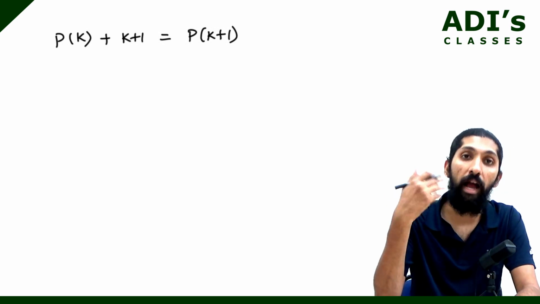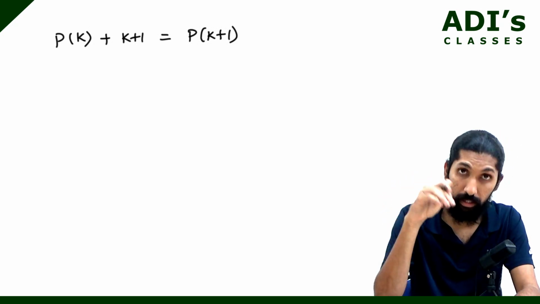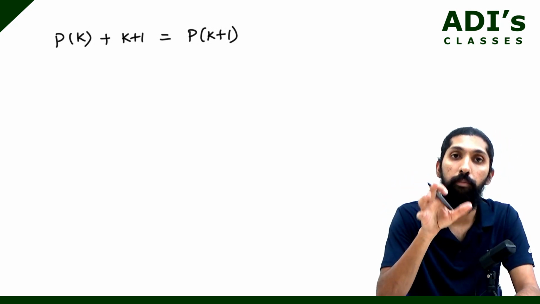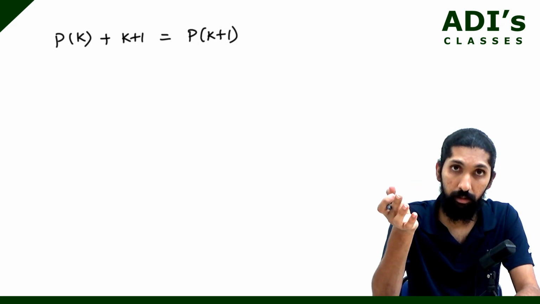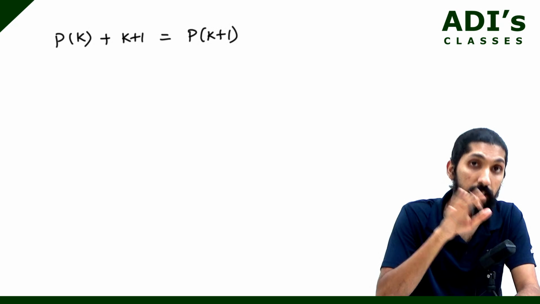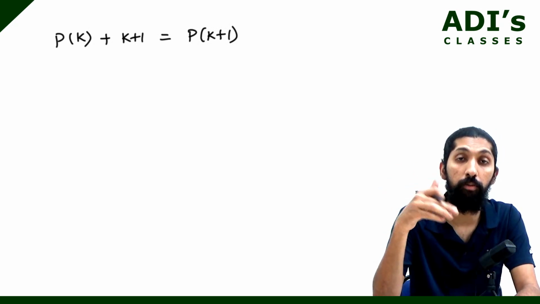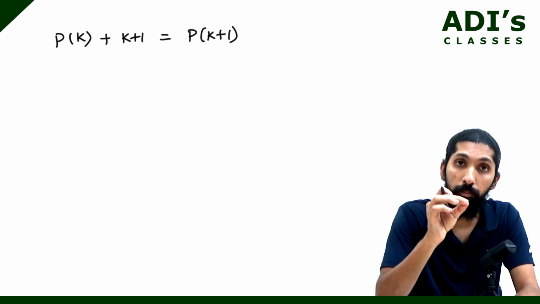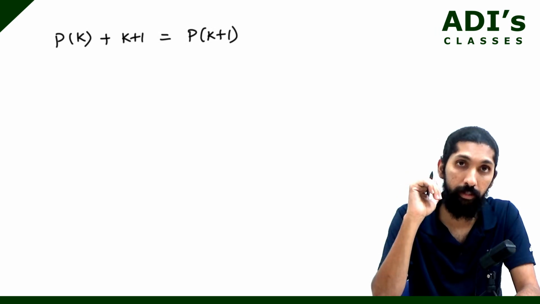That if you add an extra term, that's nothing but P of k plus 1, in the sense for that particular sequence or series, you add an extra term, the formula still holds good. This is nothing but the proving part that the formula holds good for any number or any value of n.